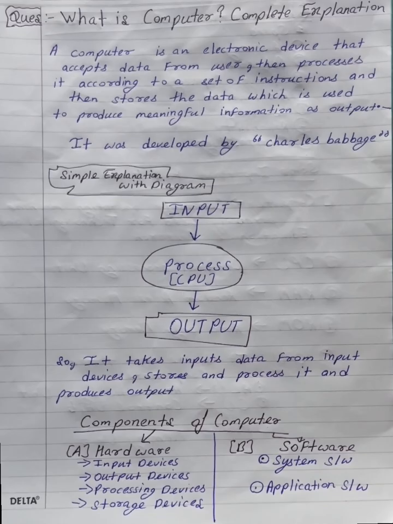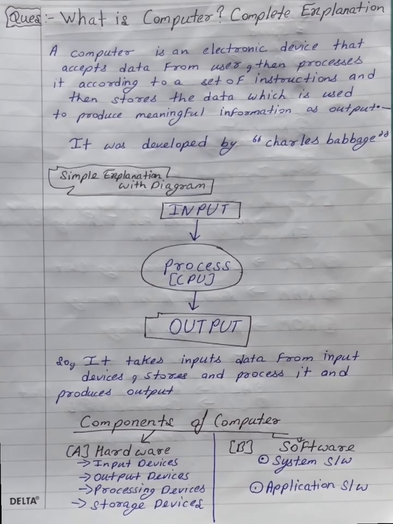The CPU consists of three major parts: ALU, CU, and memory unit. ALU stands for arithmetic logical unit, CU is the control unit, and I already told you, the memory unit, MU.